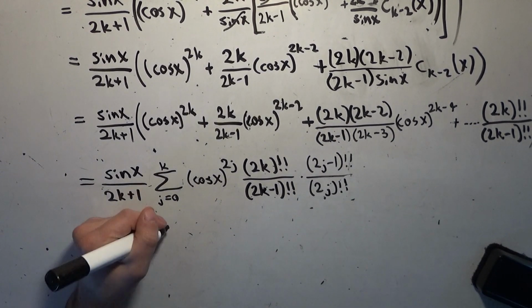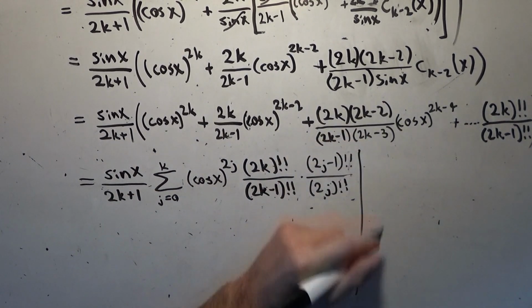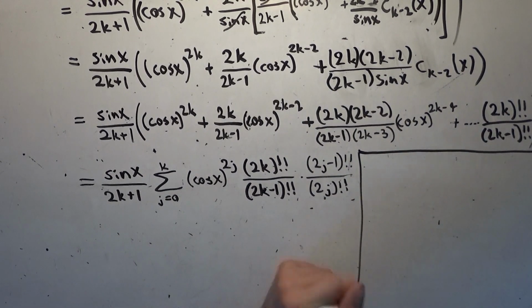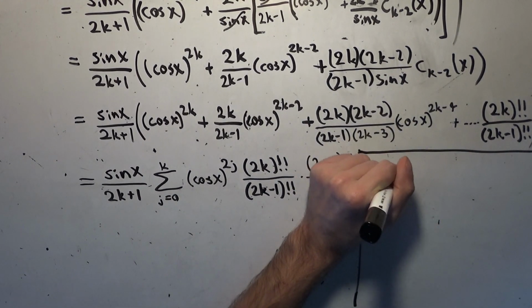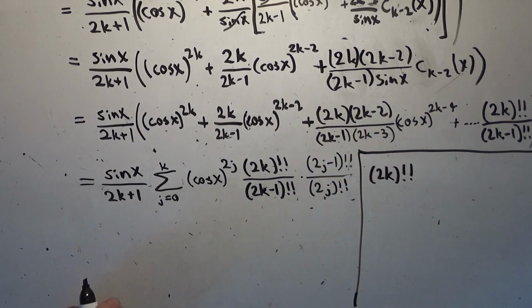So let's use this area right over here to explore this idea a little further, right? 2k double factorial is a product of all the even numbers from 2k down to 2. That means there are k numbers and they're all being multiplied by 2.